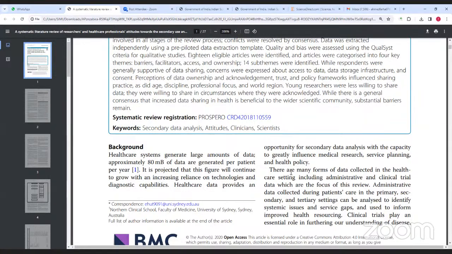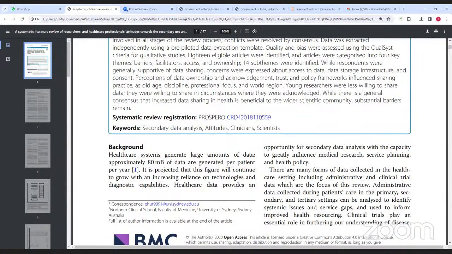Now, Shumana, please read. Background. Healthcare systems generate large amounts of data. Approximately 80 MB of data are generated per patient per year. It is projected that this figure will continue to grow with an increasing reliance on technology and diagnostic capabilities.